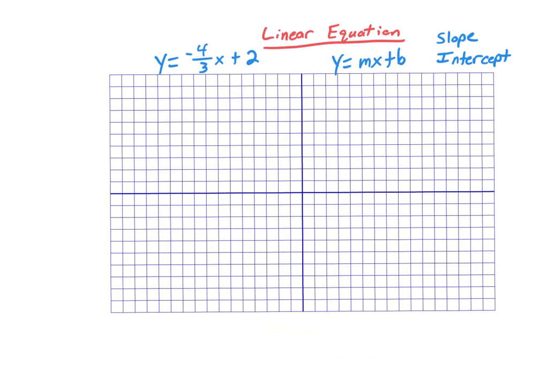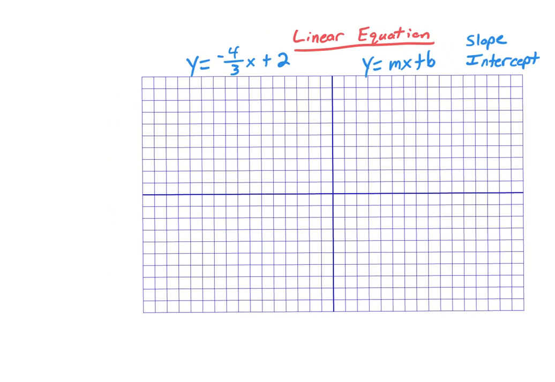Okay, m is the letter that we always use for slope. You're going to see that a lot. You have seen it a lot before. Whenever we identify slope, we always use the letter m. It's just the letter that we use for that. B is going to represent my y-intercept. Okay, so m is your slope. B is the y-intercept.